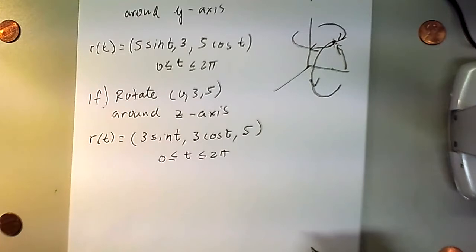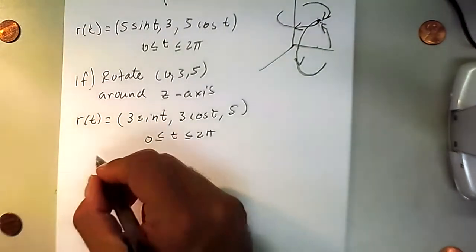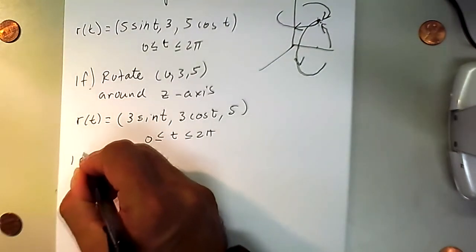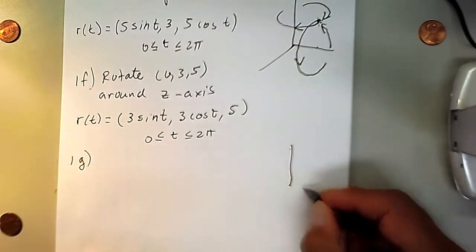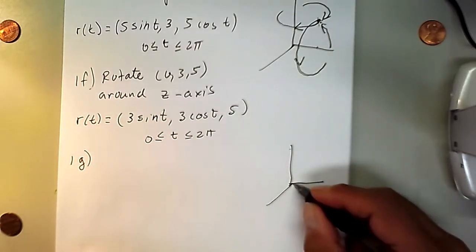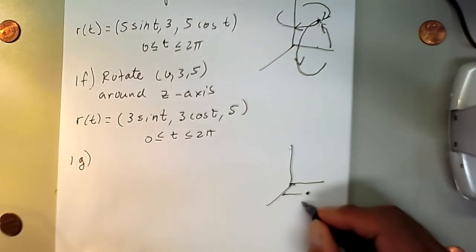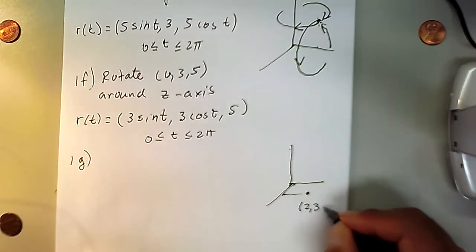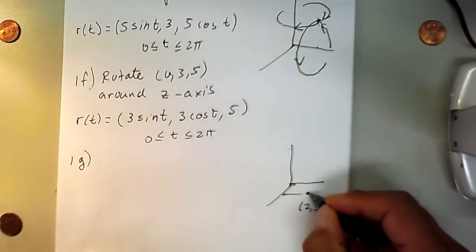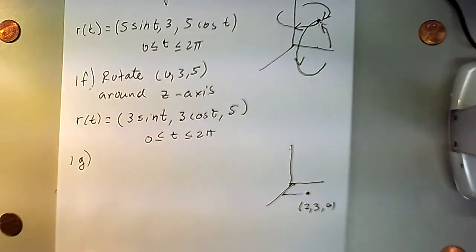And I was going to leave it at that, but probably somebody's going to think, wait a minute. So let's do one more example. What if we have the point 2, 3, 0, and we want to rotate it around the z-axis?